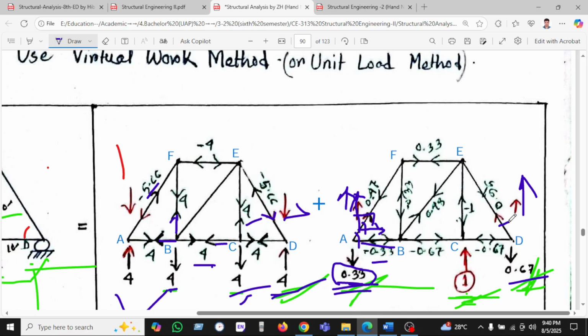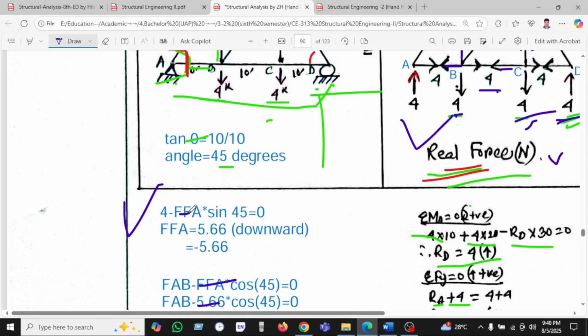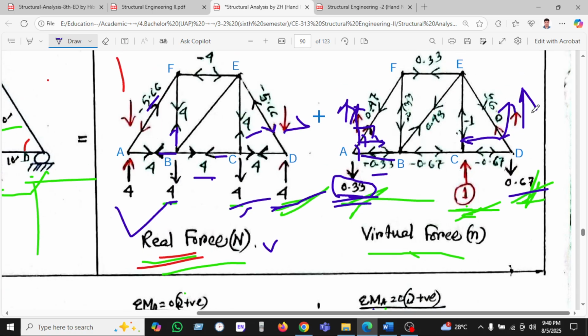Upward we have two components, one horizontal and one vertical. The vertical will be sin theta, as we have seen here, sin theta FAB, it will be 0.67 and FAB sin 45. If you put in 0.67 instead of 5, then we will find another value, which is 0.95. So 0.95 is this member, the inclined member.